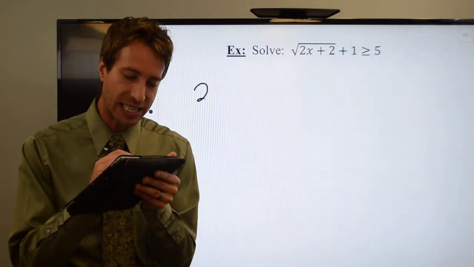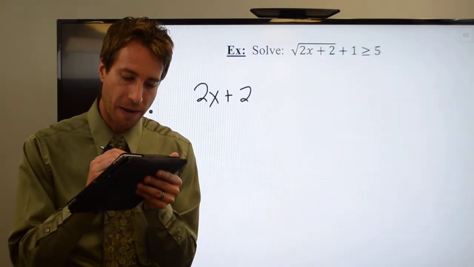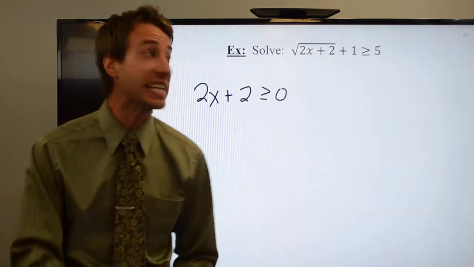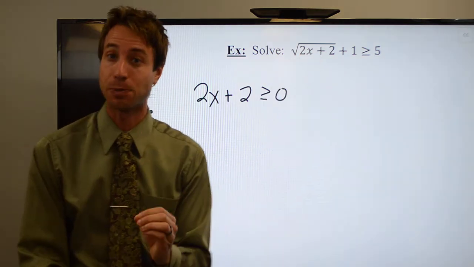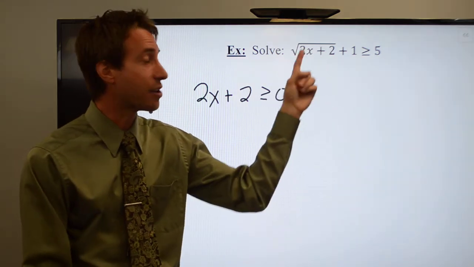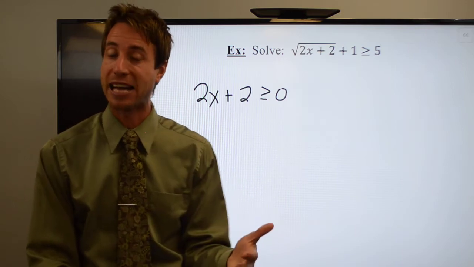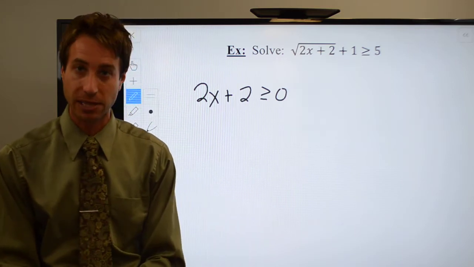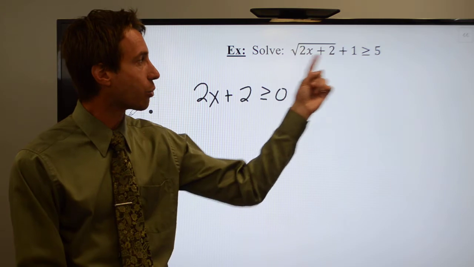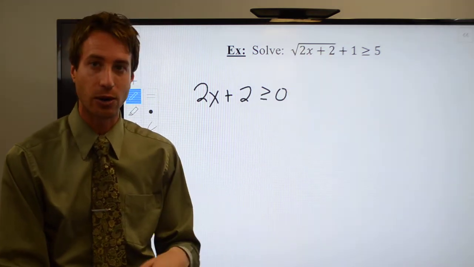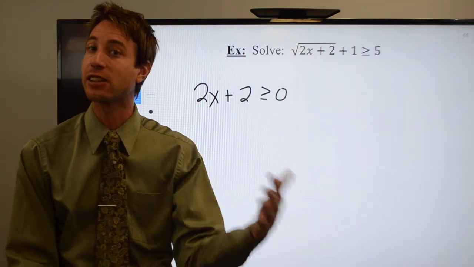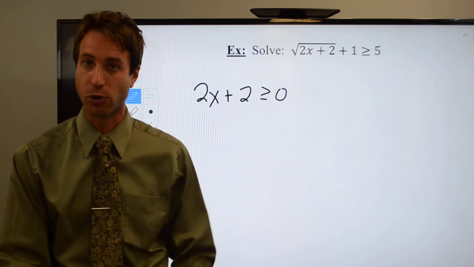That will ensure that what is underneath the radical stays positive. If this were ever negative, you would wind up with an imaginary number, and I don't want imaginary numbers in my solution set. So we set the radicand greater than or equal to 0. That means we'll always be taking the square root of positive numbers, and we're good.